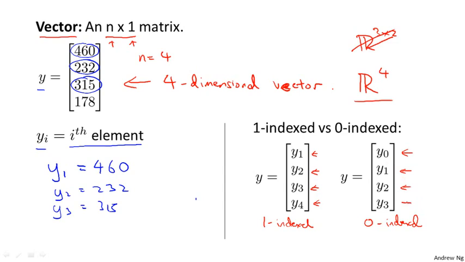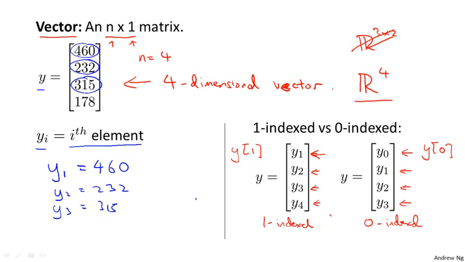So the elements go from y0 up to y3. This is a little bit like the arrays of some programming languages, where arrays can either be indexed starting from 1, this kind of C++ notation, I guess, or sometimes 0-indexed, depending on what programming language you use.